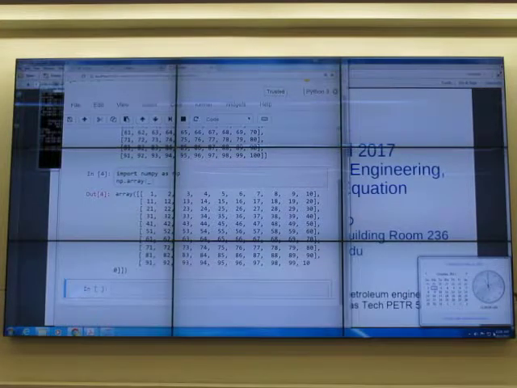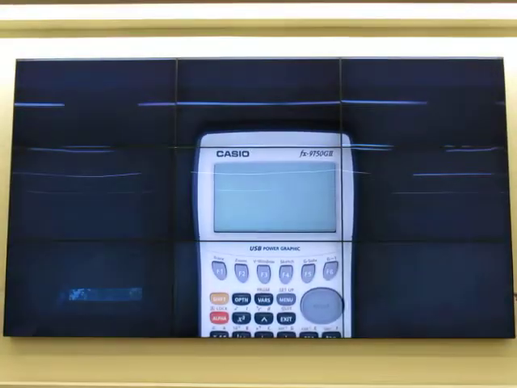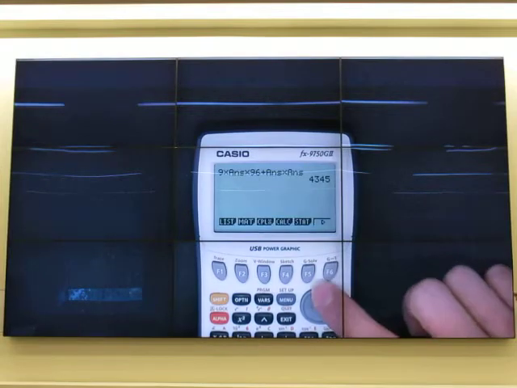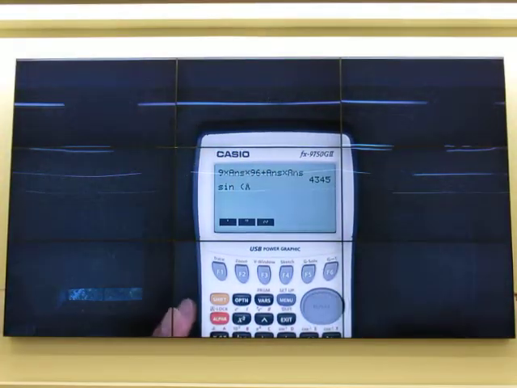Okay, first thing. Let me show you something about the calculator. Let's assume that I have some function and I have to use bisection method. Okay?